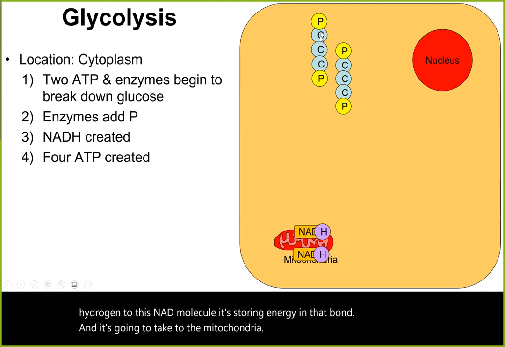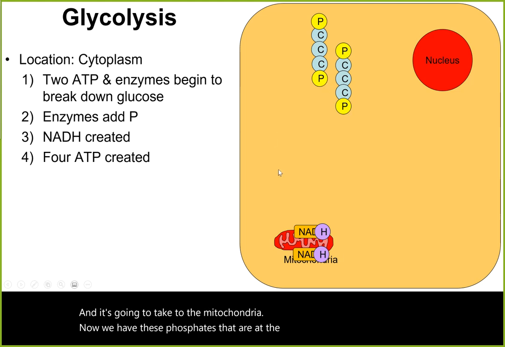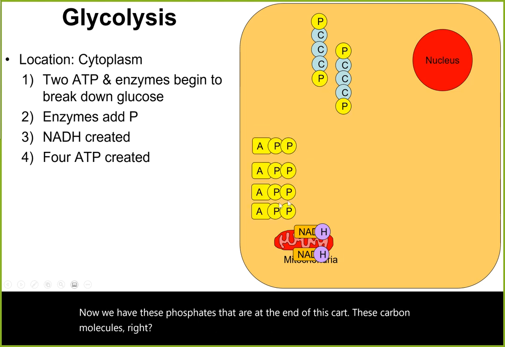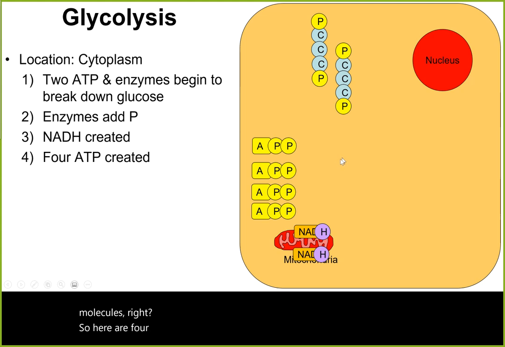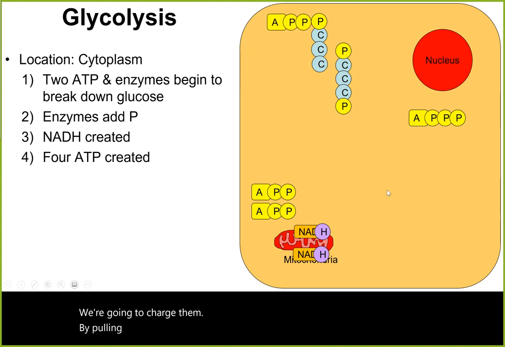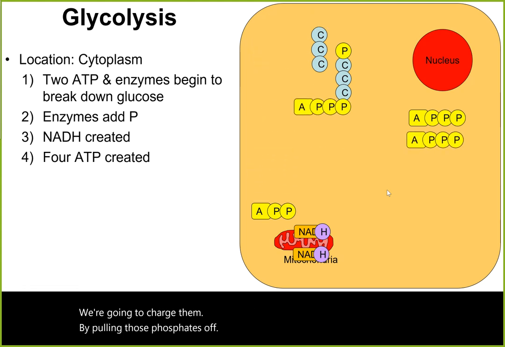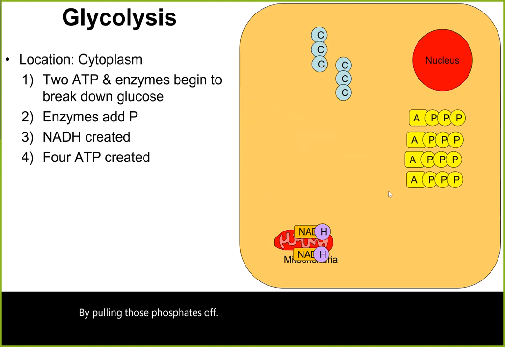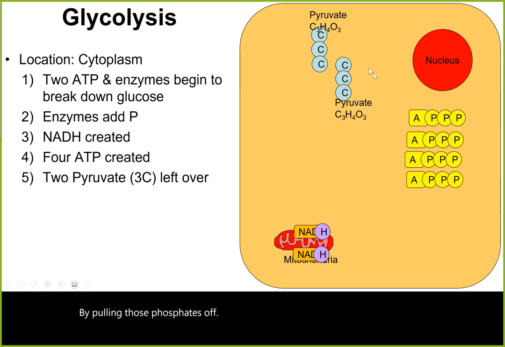Now, we have these phosphates that are at the end of these carbon molecules, right? So here are 4 ADP that are waiting to be recharged. We're going to recharge them by pulling those phosphates off. So we end up with 2 molecules of pyruvate, 4 ATP, and 2 NADH.